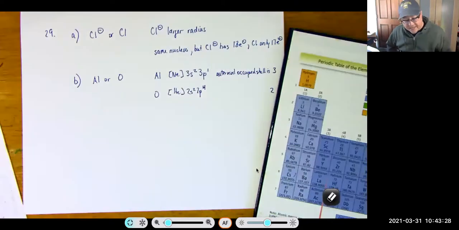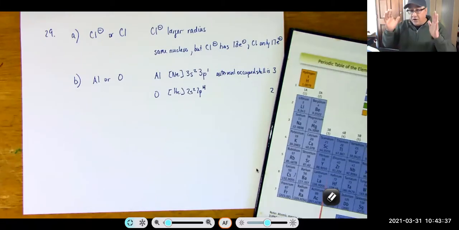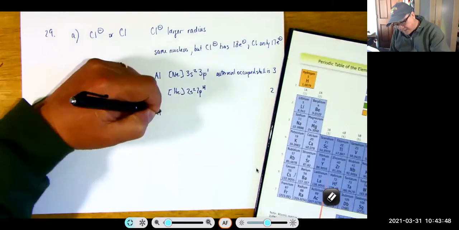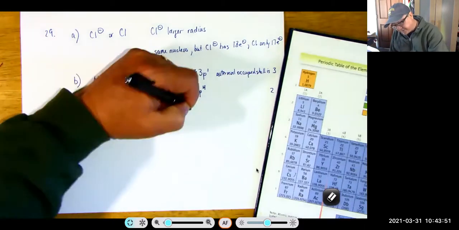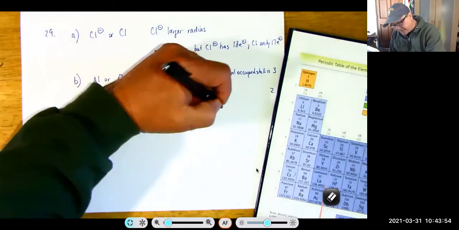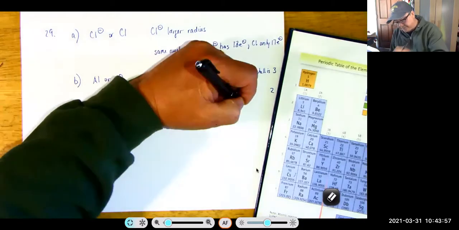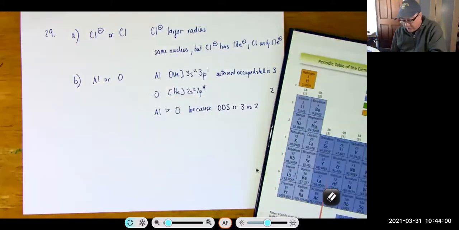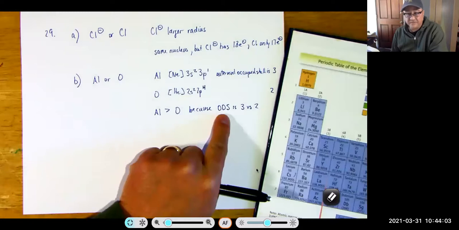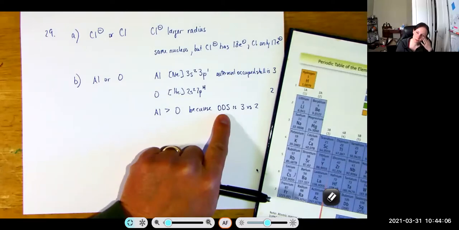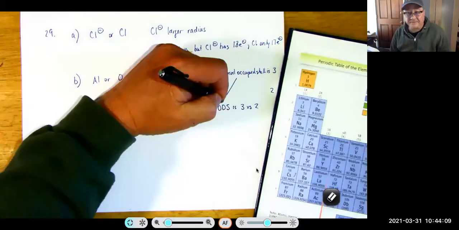And in general, if your outermost occupied shell is a 3 versus a 2, you're going to be bigger. Remember how n not only tells you the energy, but also gives you an idea of how far away from the nucleus? So here, aluminum is greater than oxygen because the outermost occupied shell is 3 versus 2. So what's OOS stand for? Outermost occupied shell. Right, because I don't want to write that whole thing again.